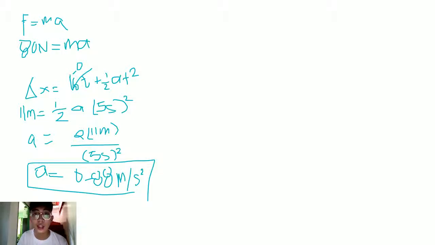So, alam na natin yung acceleration natin. So, delta x number 2, hindi natin alam. So, equals to, VO natin is 0 ulit. Makikita natin dito, VOT is 0. So, plus 1/2. Meron na tayong acceleration na 0.88 meters per second squared.